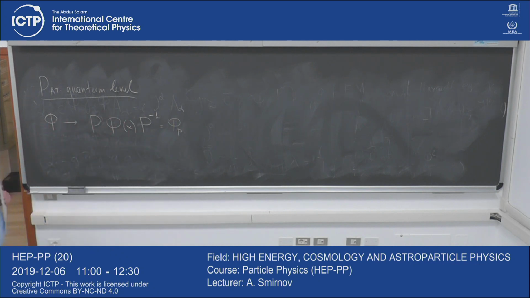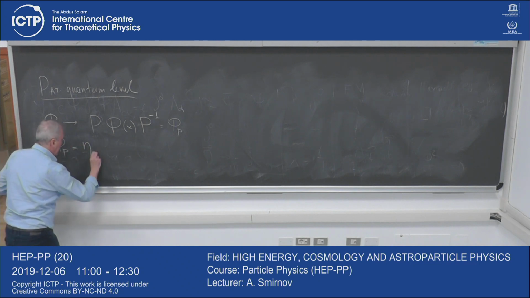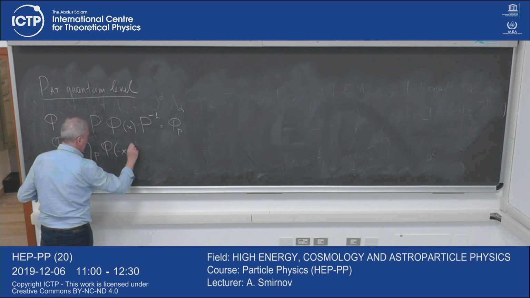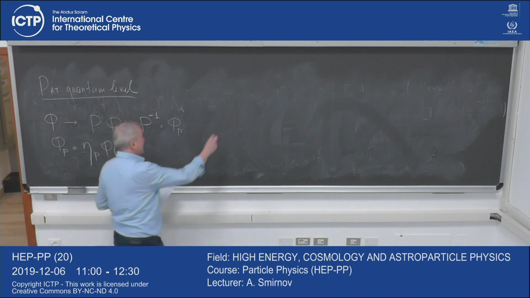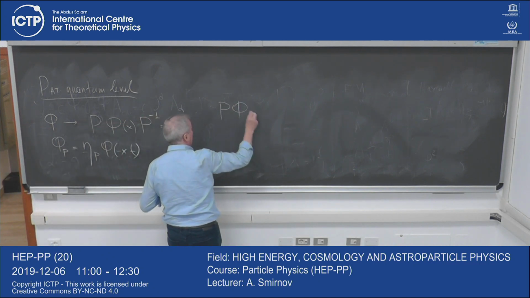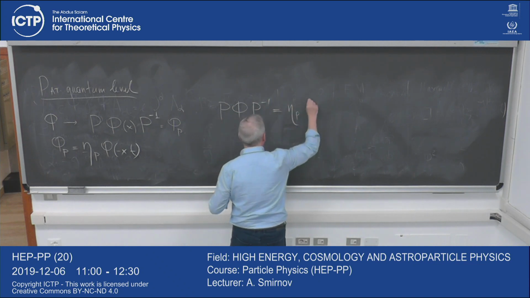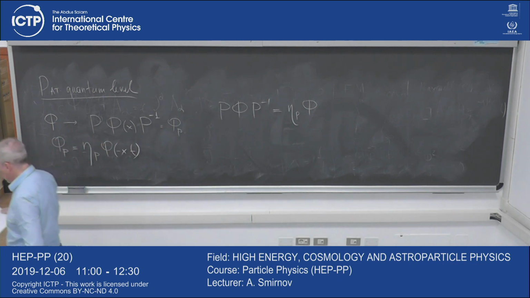And to match the situation in the classical case, this F_P should be eta_P F(minus x, t), which means that P F P^-1 is eta_P F. And I omit x here, saying that it's not relevant.